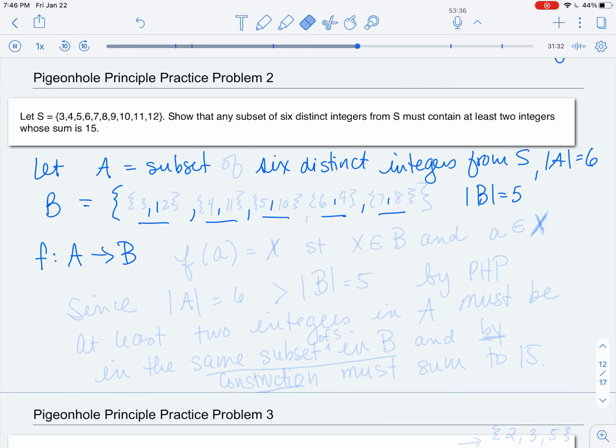But now we have to think about how we are going to have our function mapping A to B. We can just say f of A is going to be the set in B such that A is equal to X, or A is equal to Y. If we had used a set notation, this would have been nicer still, because then we could just say if A is in this set.